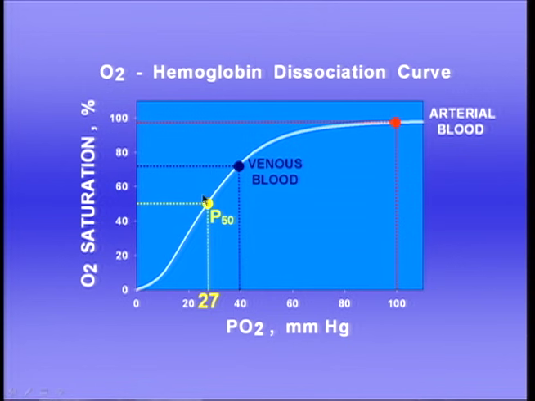If someone says to us, well, this person's got a PO2 of 50, for example, in the arterial blood, you know that it's going to be somewhere up in this range here, around about 80% saturation, because we know that with a PO2 of 40, saturation is 75%. So that gives us a sort of ballpark figure if someone indicates what the PO2 is and we wonder what the oxygen saturation is.